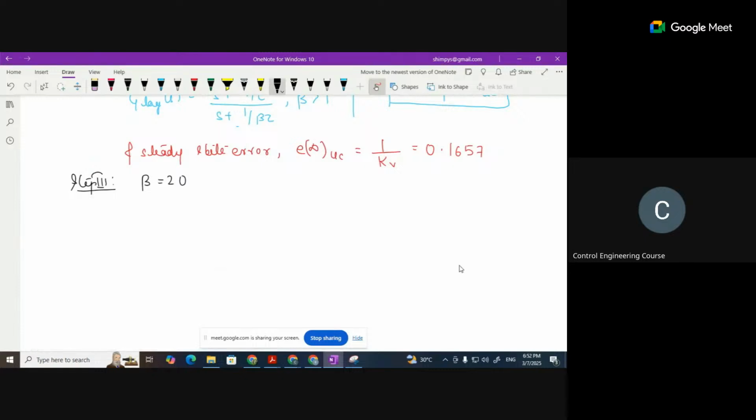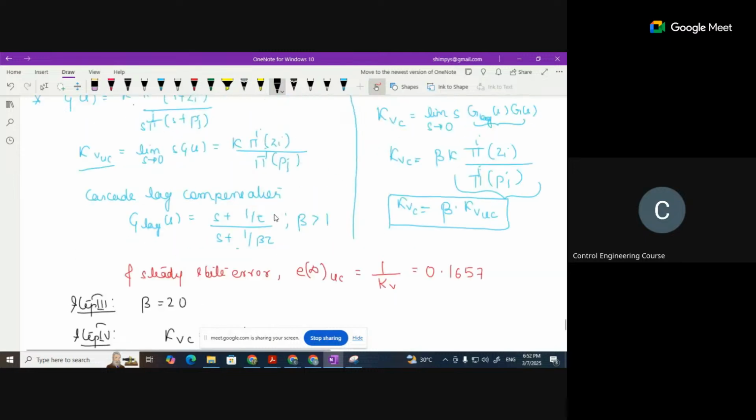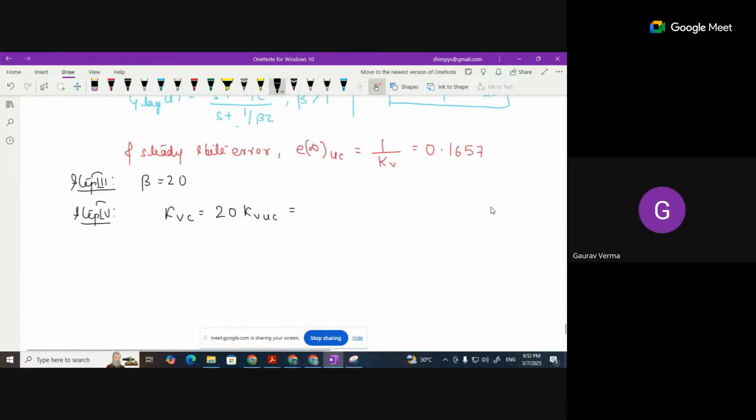Now step 4 is, you have to choose the compensator pole zero pair so that the compensated value of the error coefficient is 20 times the error coefficient of the uncompensated system. For the uncompensated system, we have calculated it to be 6.036, right?